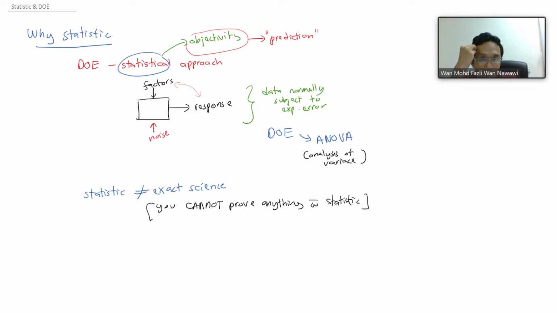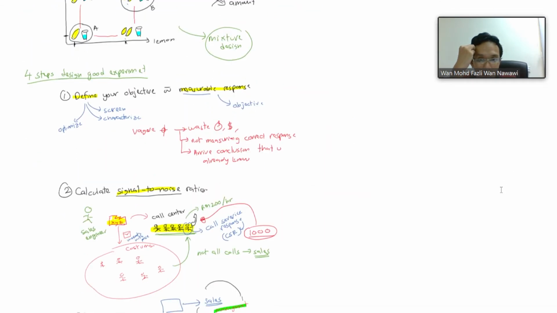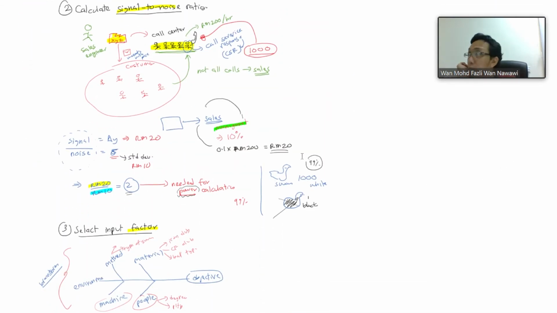If you see 1,000 white swans, it does not prove that every swan is white. You found 1,000 white swans, it doesn't prove that swans are always white. If somebody finds one black swan, then your data will be compromised.